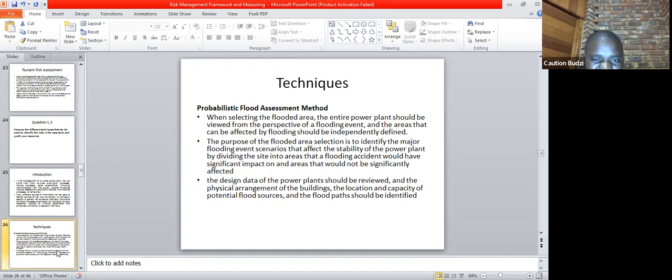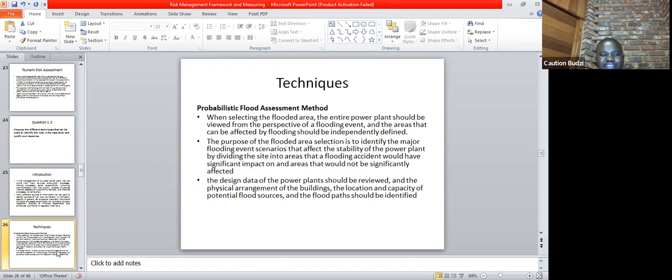So by this technique, the idea is to look at the plant to find areas which can be affected more by the risk of flood, and areas which are less prone to this risk.